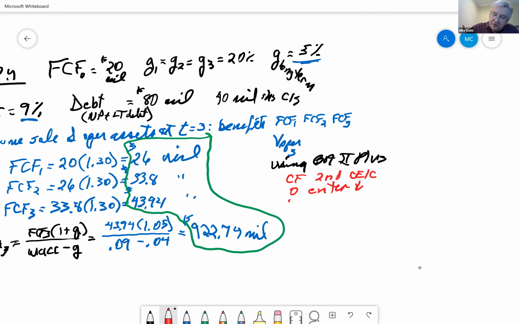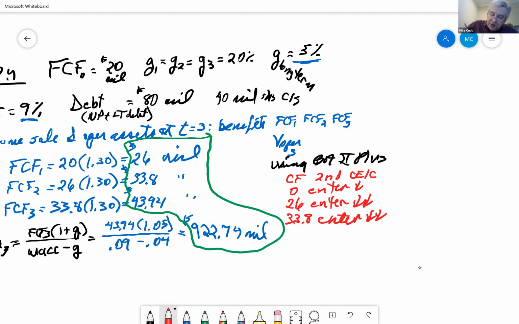Then the free cash flow the next year is 26, one time. The next year, 33.8, one time.